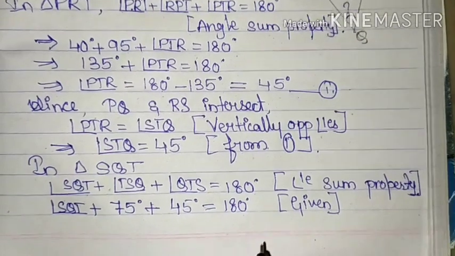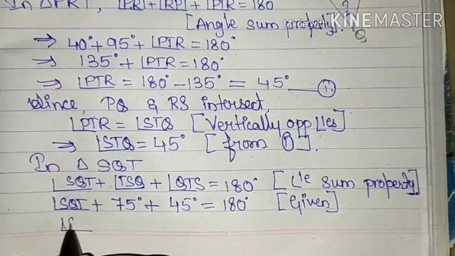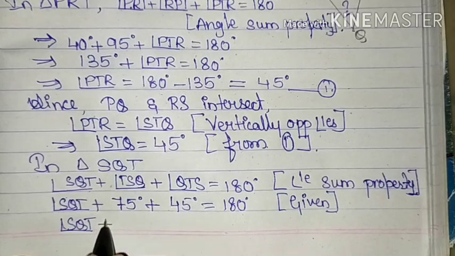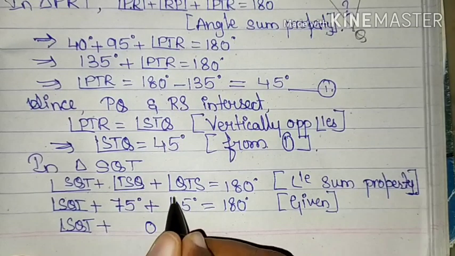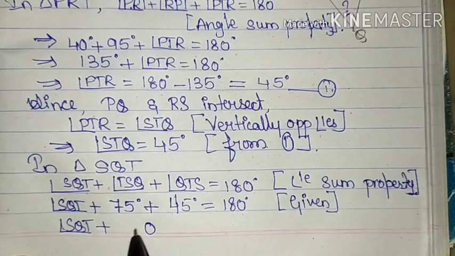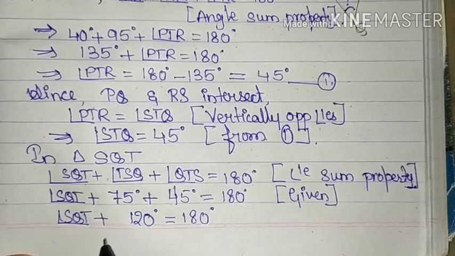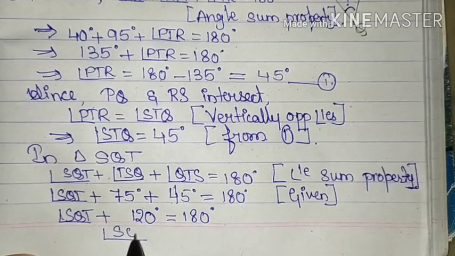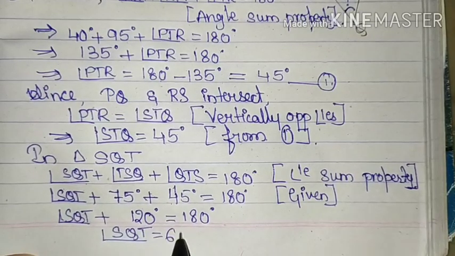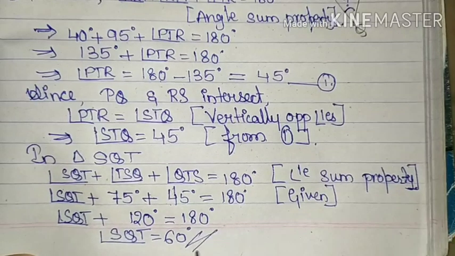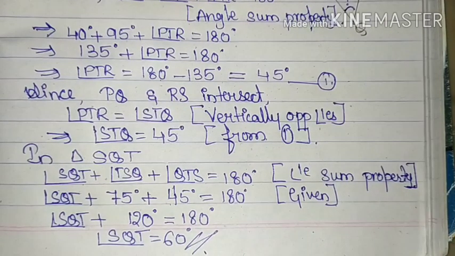So now angle SQT plus 120 degrees is equal to 180 degrees. On simplifying, you will get angle SQT is equal to 60 degrees. This is our required solution for the question.